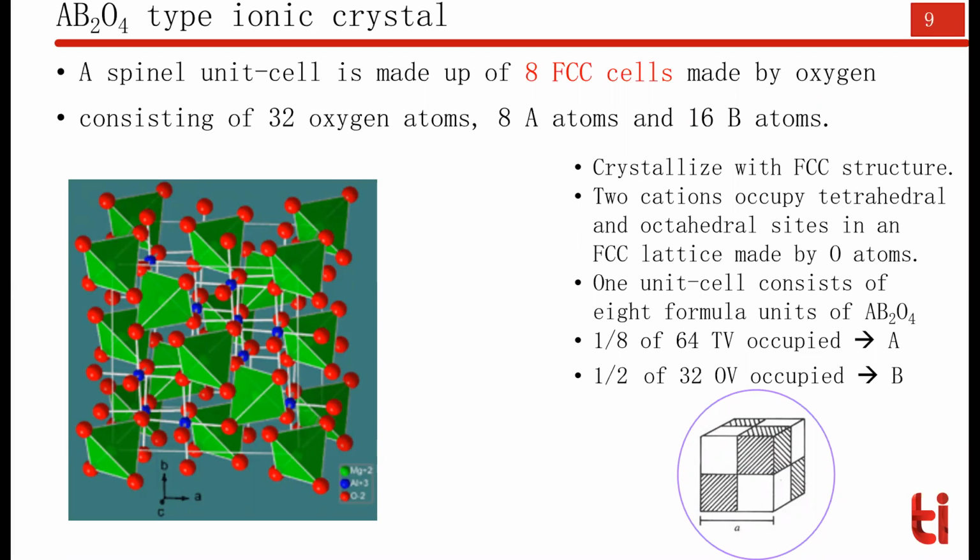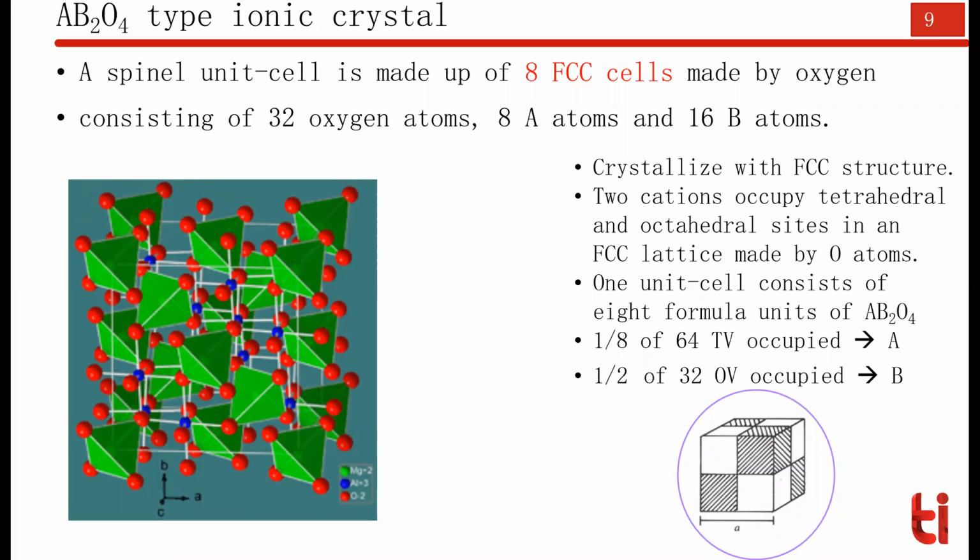Now, what is the difference between X and Y? I will come back to it at a later stage. If you simply look at the overall structure of the unit cell, which I have marked with the circle, you can say that it is made up of 8 cubic unit cells.